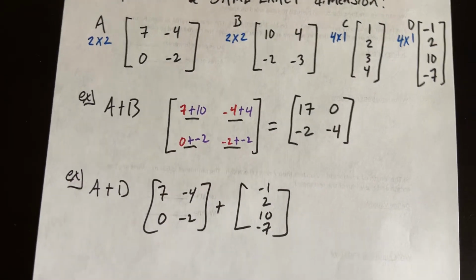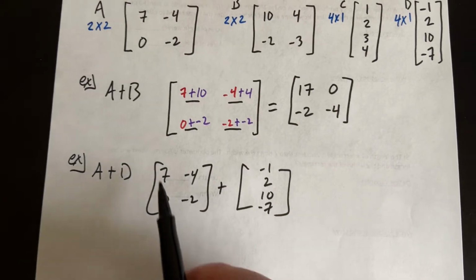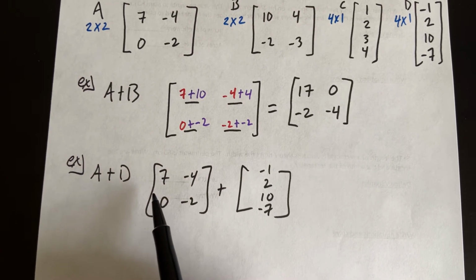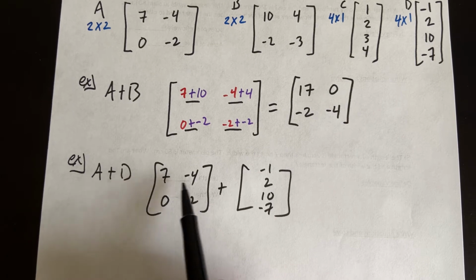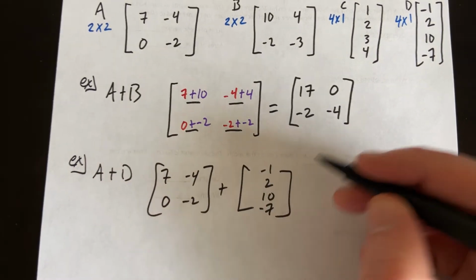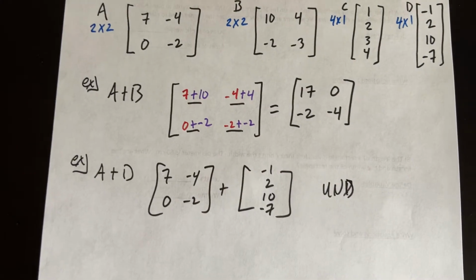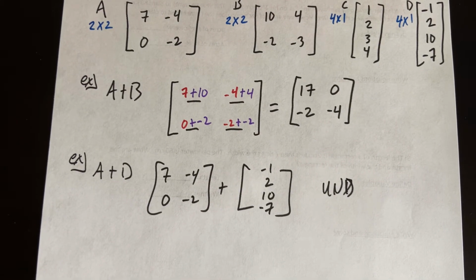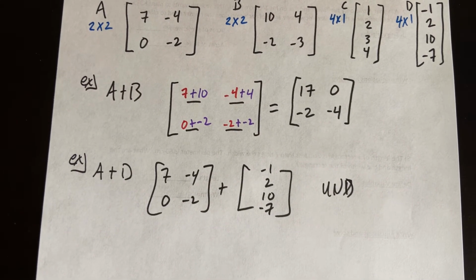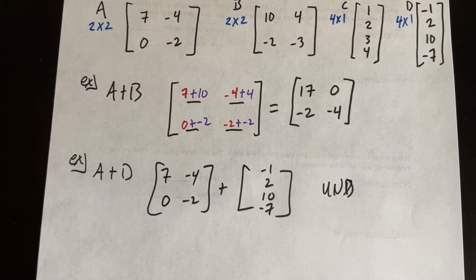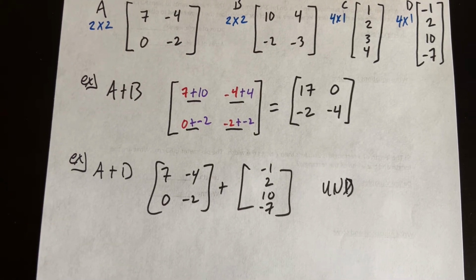Well, notice how they don't have corresponding numbers, right? First row, first column is 7. Well, we've got that -1, so we could add those. But this has a first row, second column, right? There's nothing over here, right? So this is undefined. This does not exist, right? You can only add and subtract our numbers when they have a corresponding value to add and subtract with. In this particular case, the 2 by 2 does not go with the 4 by 1.